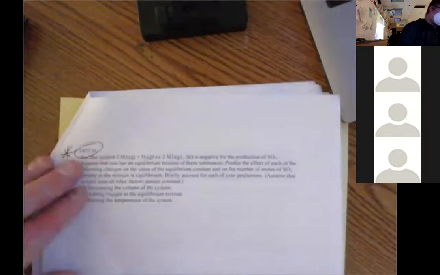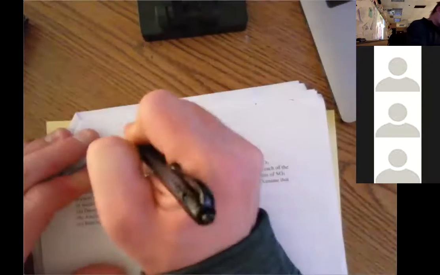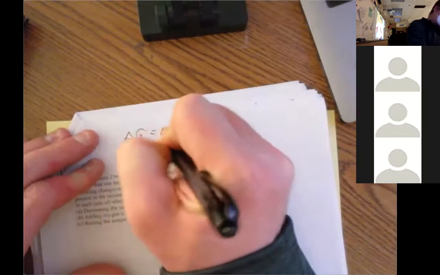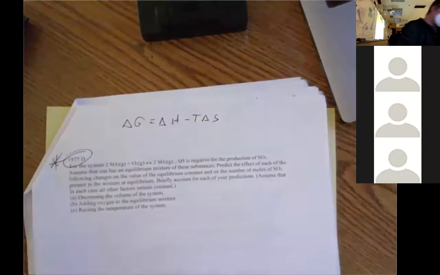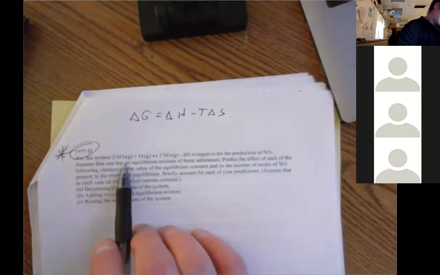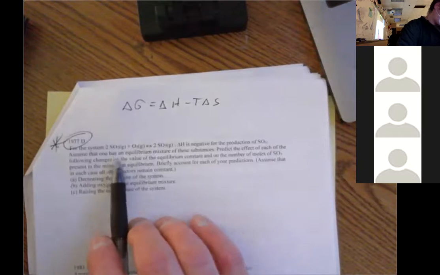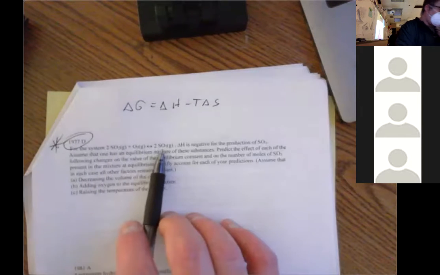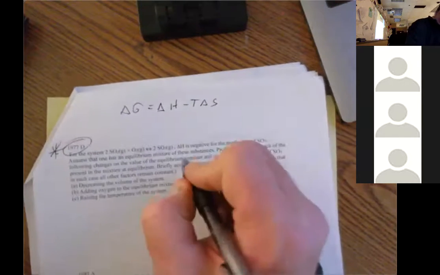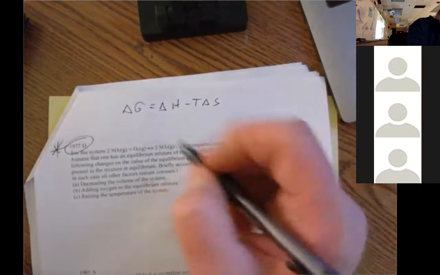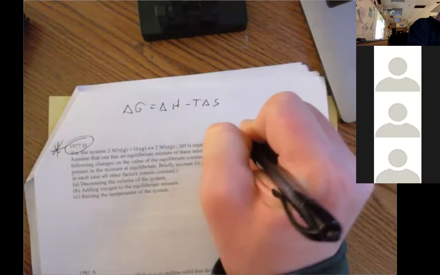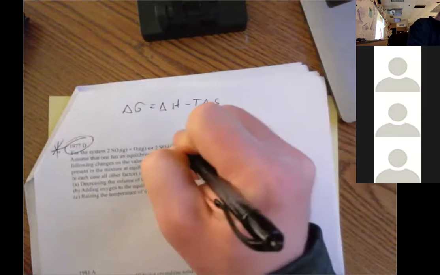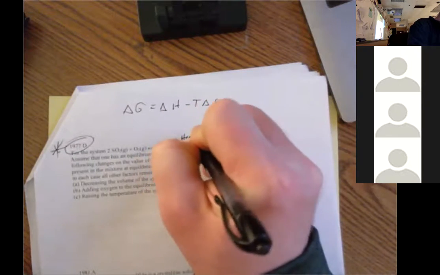All right, we were also asked this one. It looks like delta G equals delta H minus T delta S. It says for this system, sulfur dioxide plus oxygen yielding sulfur trioxide, delta H is negative, so that means it is exothermic. So we're going to have heat on the product side.